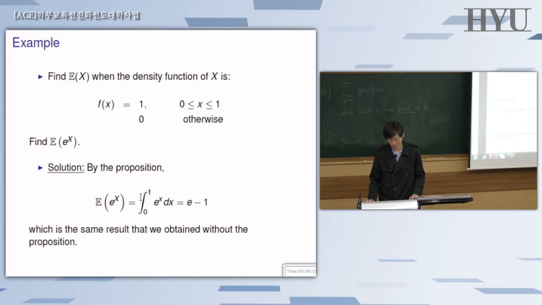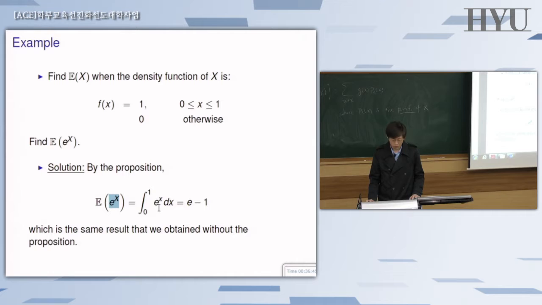So this is the same question as before. Same PDF, same range. Outside this range, there's no probability mass. Given this, you're supposed to get the expectation of e to the x, not just x. If you use this proposition, just one line does everything. So the expectation of e to the x is an integral where the integrand should be the function itself.